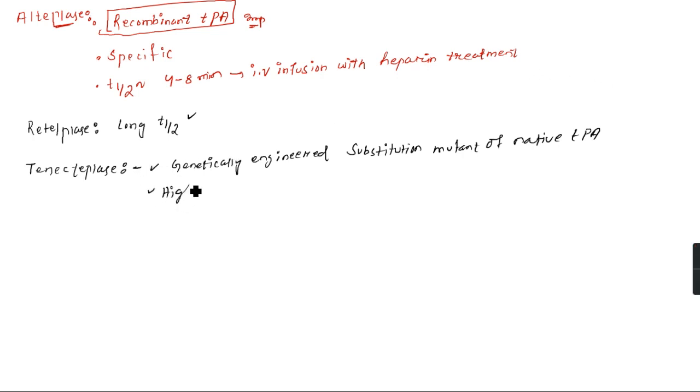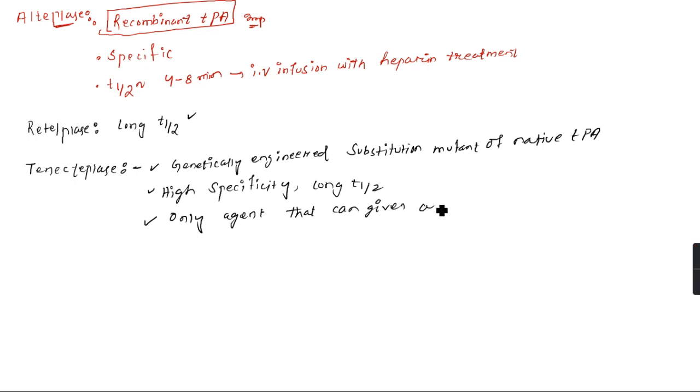High specificity, long half-life. And another important term is that it is the only agent that can be given as an IV bolus. That means it is the only agent of this class of drugs, the fibrinolytics, that can be given as an IV bolus.